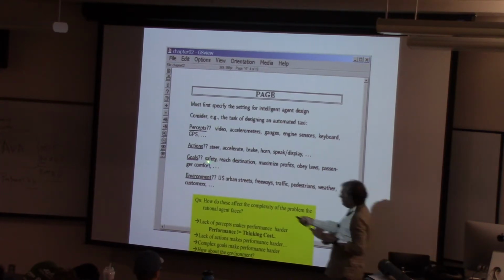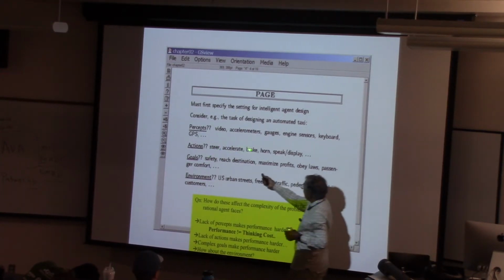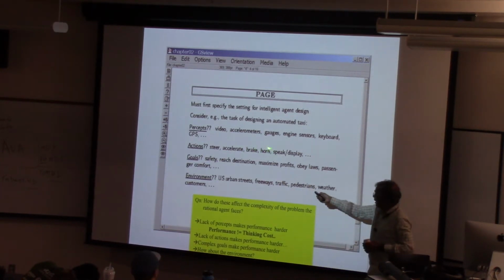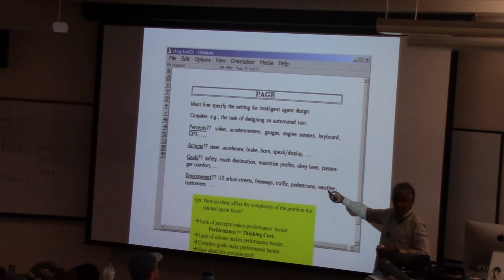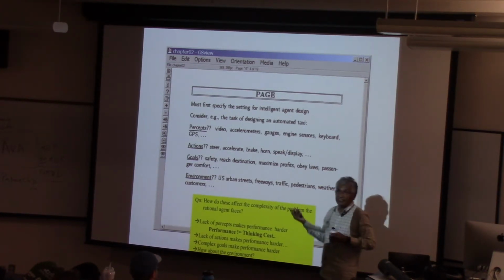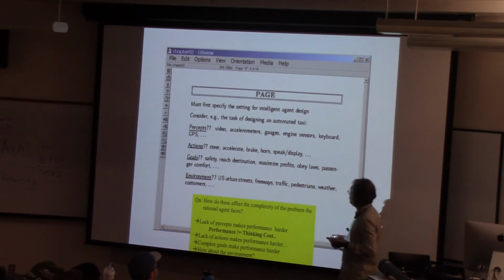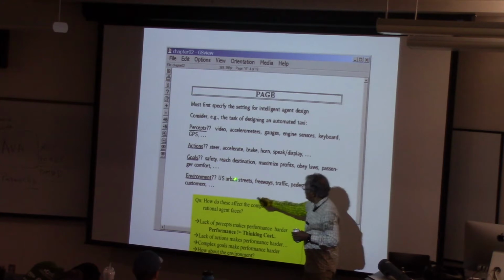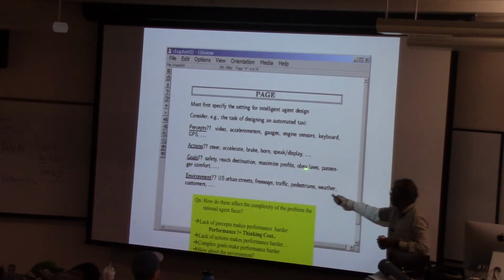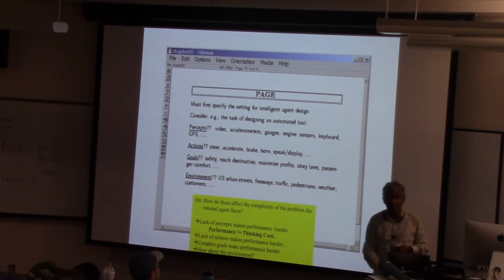The kinds of actions it can get: steering, accelerating, braking, using horn, speaking, displaying, the kind of displays that you are particularly good at doing when you are driving, that involves fingers. All of those are actions. Okay, those are all the actions you get to do. Goals: safety, reaching destination, maximizing profits, obeying laws, passenger comfort.